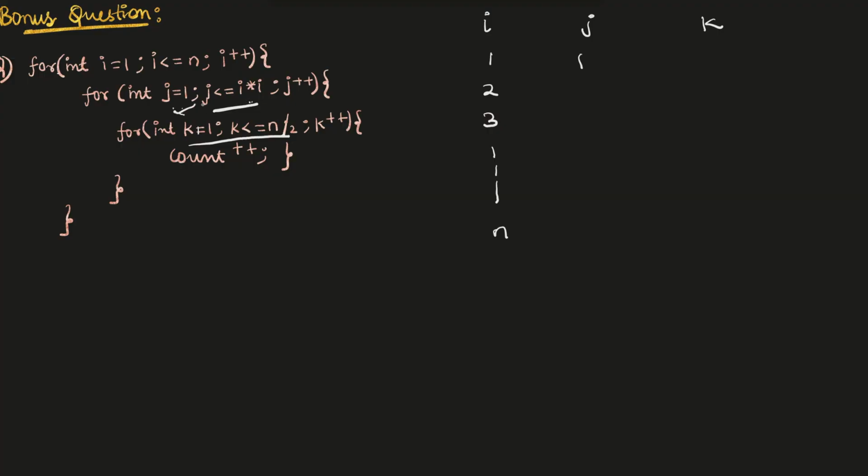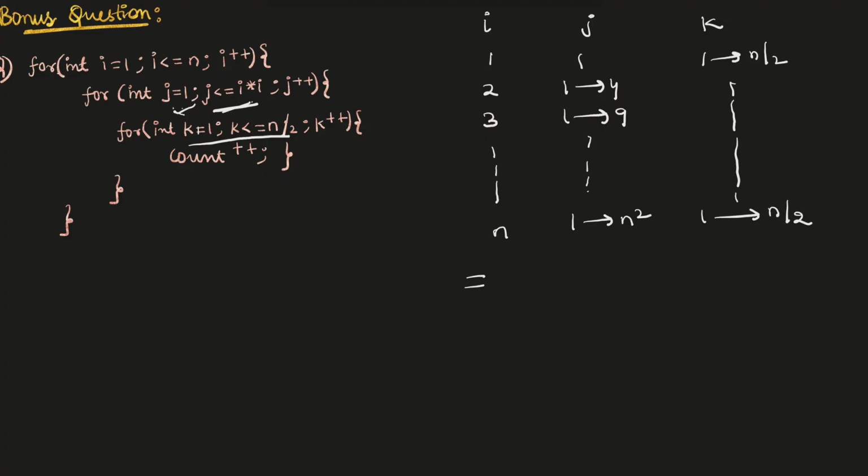So this time it runs from 1 to 4. So 1, 2, 4. Next time it would run from 1 to 3 square, that is 9. So on, what would be the last term? 1 to n square. Coming to the value of k, it would always run from 1 to n by 2 for all the following cases.